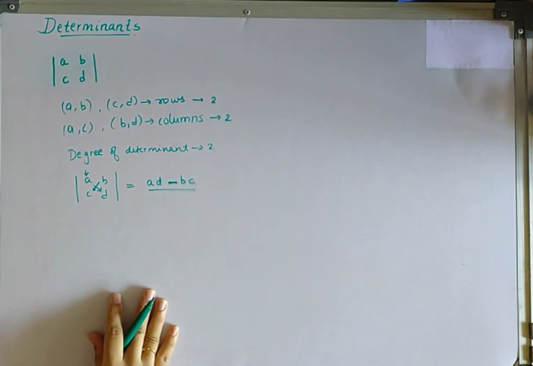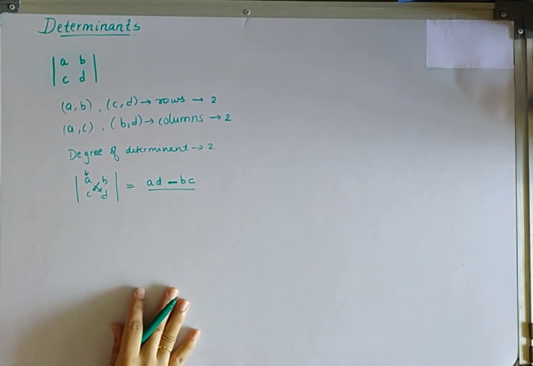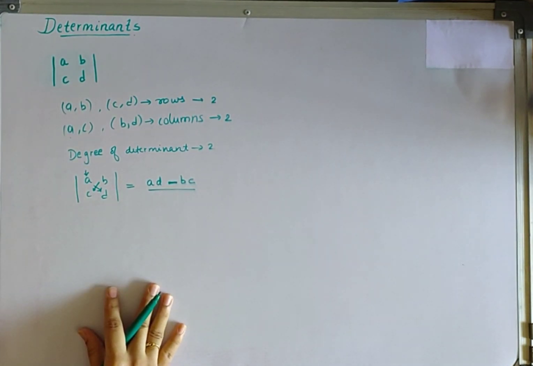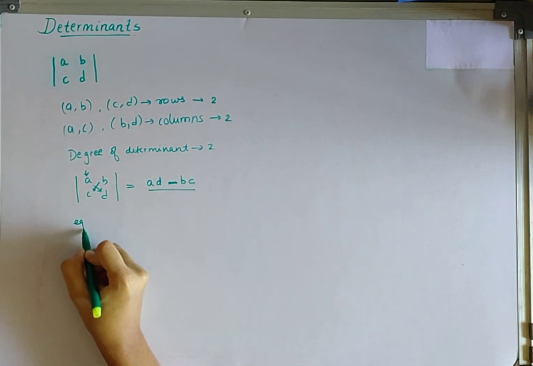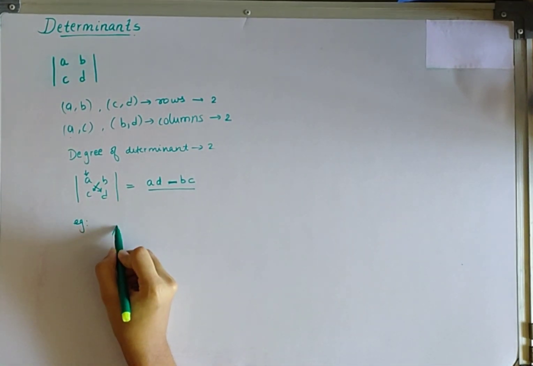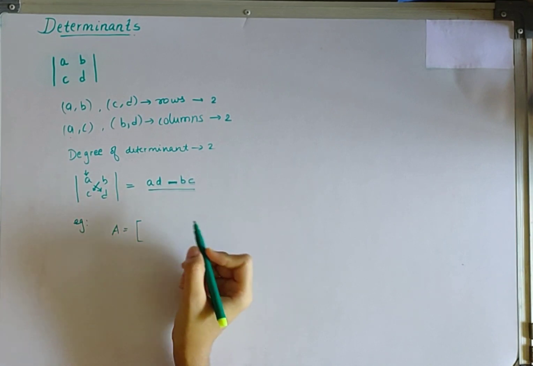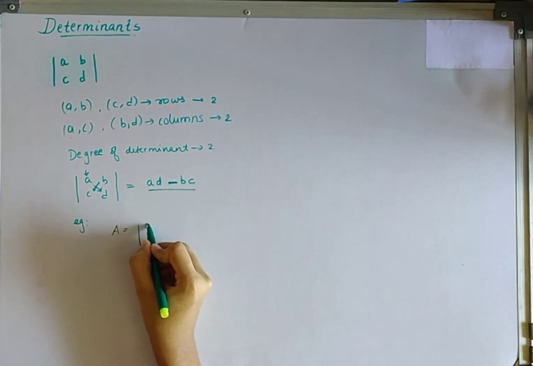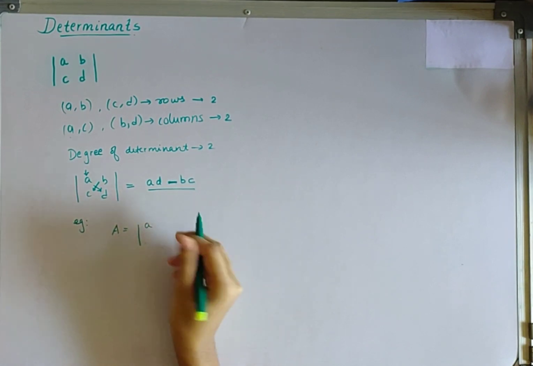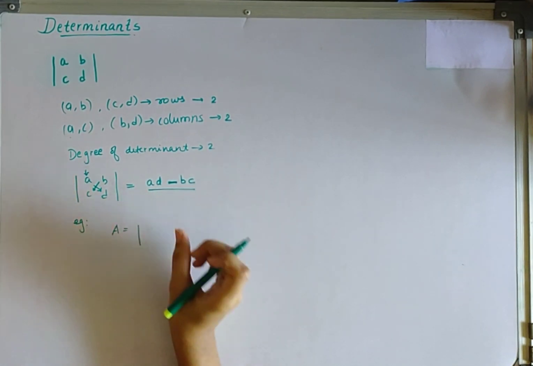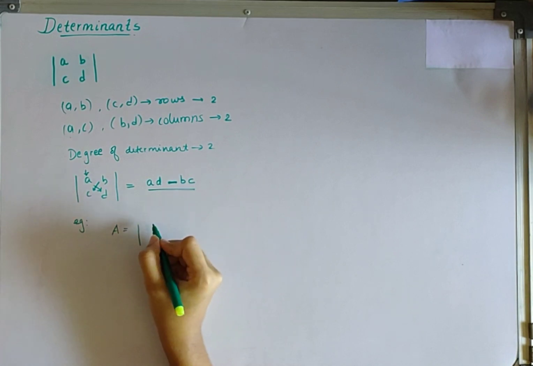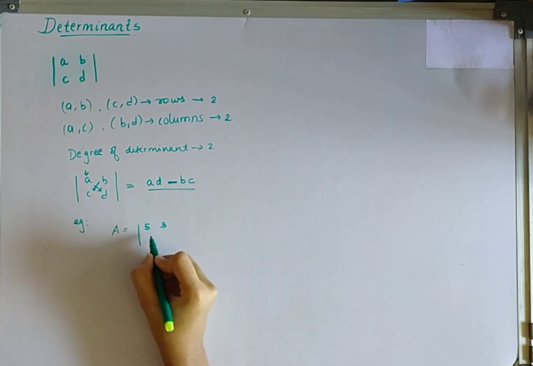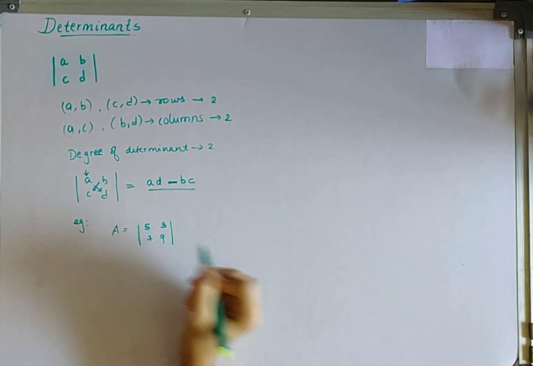So let's go through some examples and then you'll understand how to solve a determinant. Suppose my determinant is A, with entries 5, 3, 7 and 9.